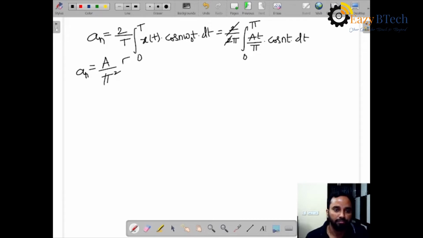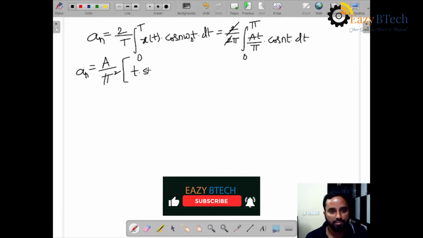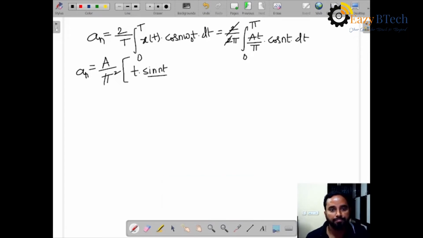I am following u is t; integration of cos nt is sin nt by n, minus u dash, the derivative of t is 1, cos integration is sin, again sin integration is minus cos. So it will become plus cos nt by n square.